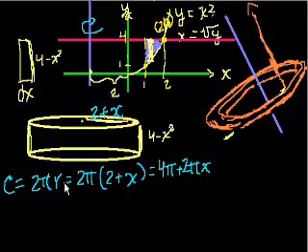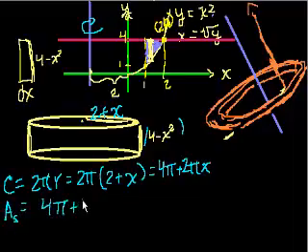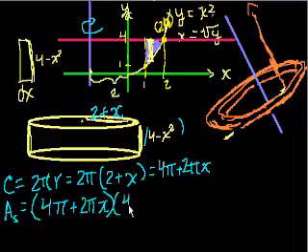That's the circumference. And then what's the surface area of this? Well, it's going to be the circumference times the height. So surface area is equal to the circumference, 4 pi plus 2 pi x, all of that times the height, times 4 minus x squared.